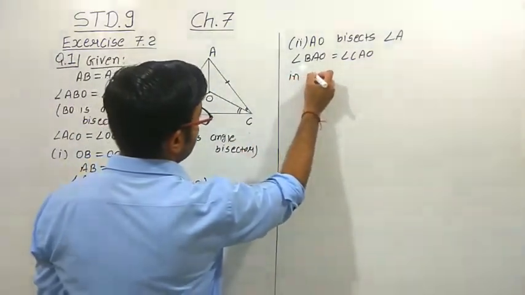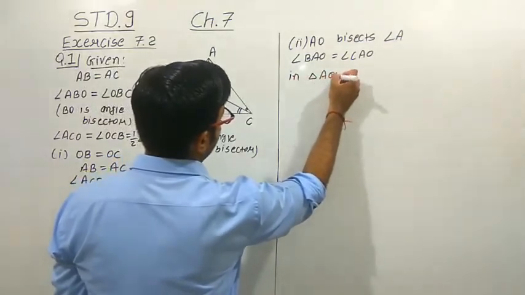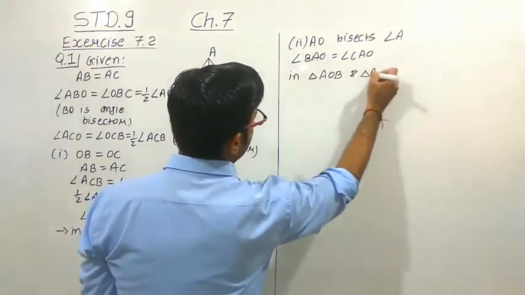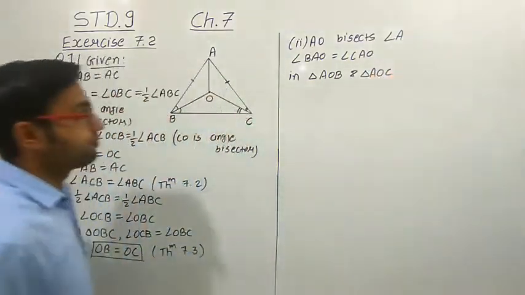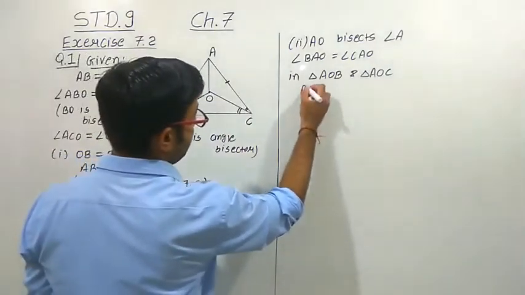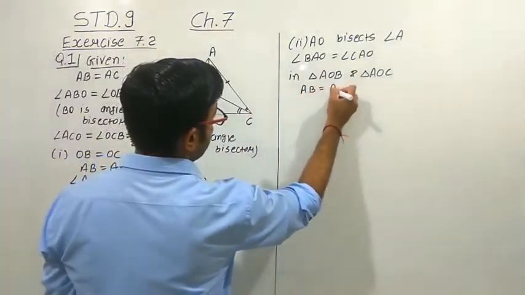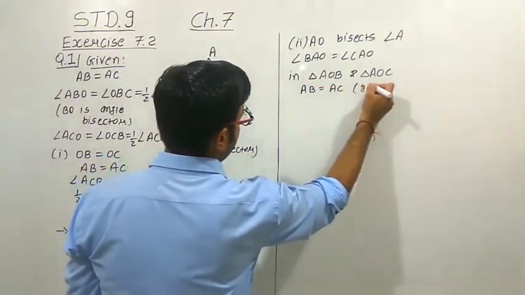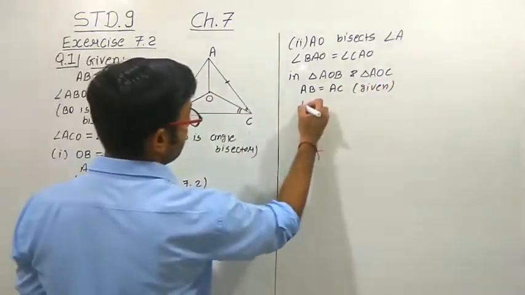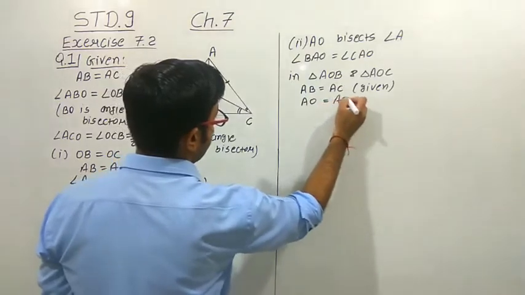So, in triangle AOB and triangle AOC, we have to take three conditions. One is already there: AB is equal to AC, which is given. One more thing, AO is common, AO is equal to AO.